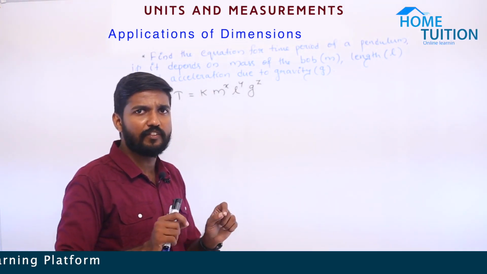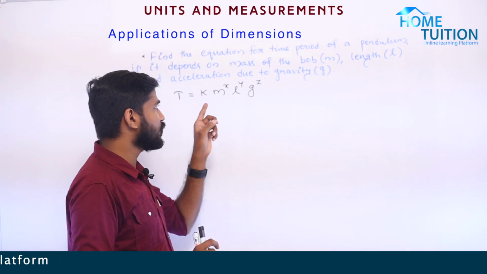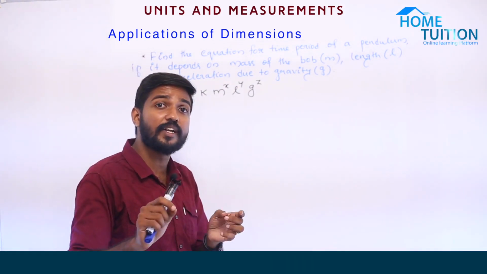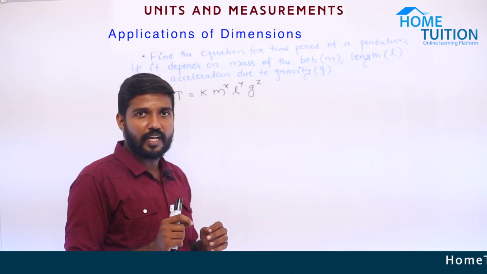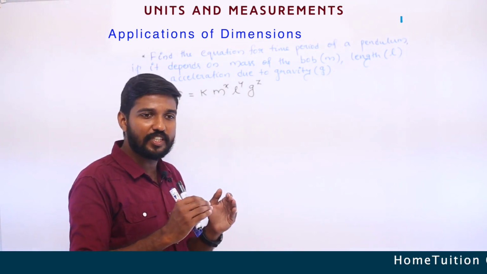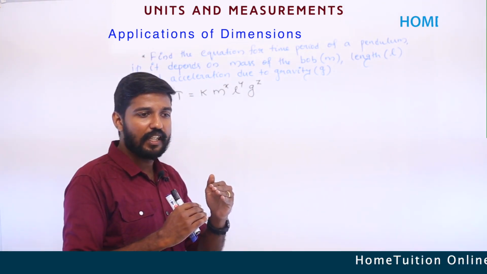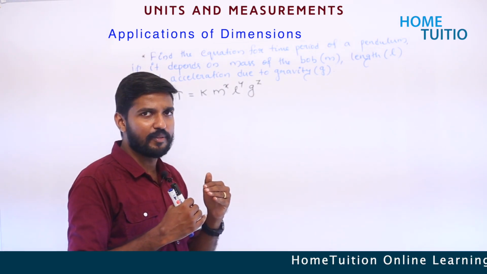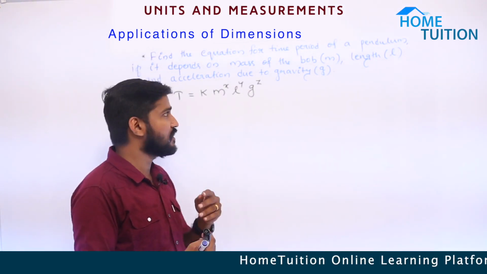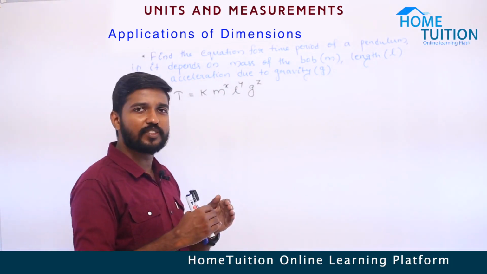So that's why we are writing m raised to x, L raised to y, g raised to z. x, y, z are unknown exponents. So the fact is, we are going to find these exponents, x, y and z.